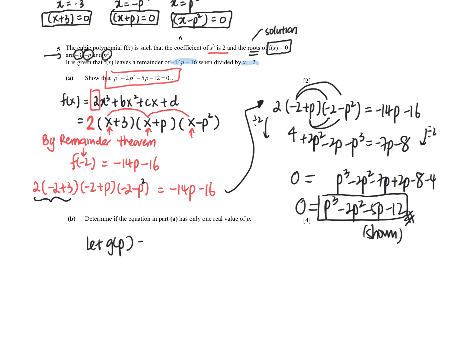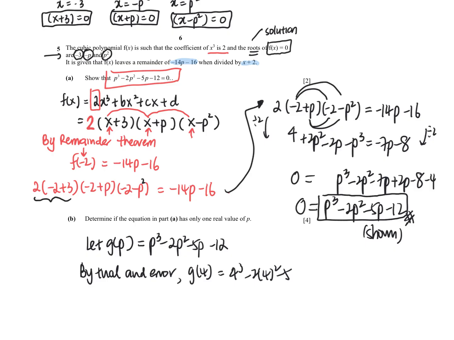I change it to G. Okay, and then you can go by trial and error. What is the one root that you find from here? 4. So when you do G of 4, it will give you 0.